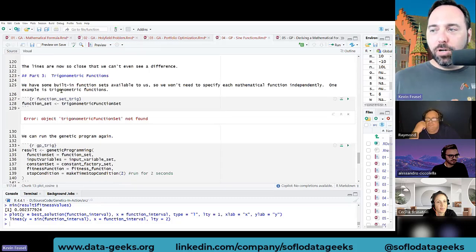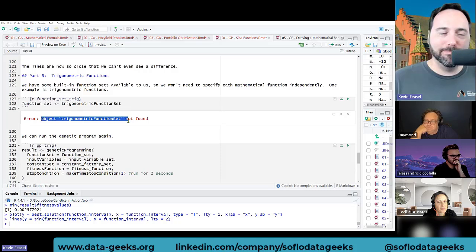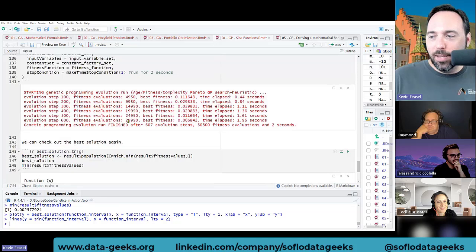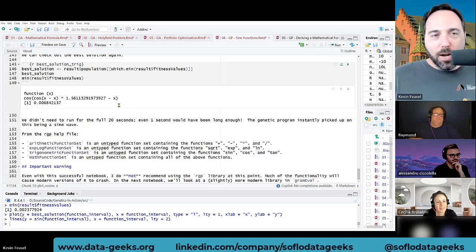And there are some trigonometric functions that used to be available. Unfortunately, this is an old library, and so if I were to run this, I would not get a great solution. It's not going to look great. Basically, I'm only showing this to you because it was a fun example of what you could do with the library. I don't recommend using RGP ever.